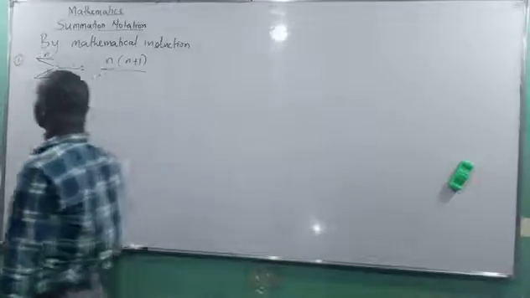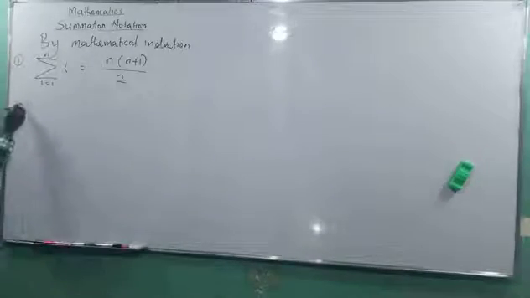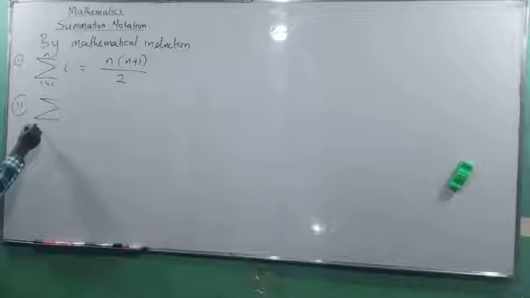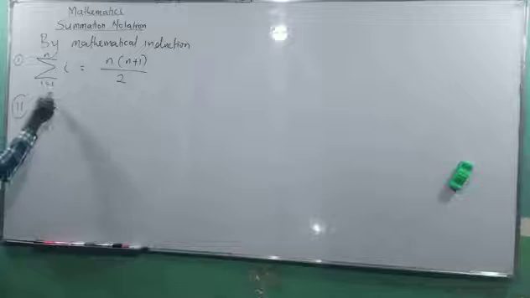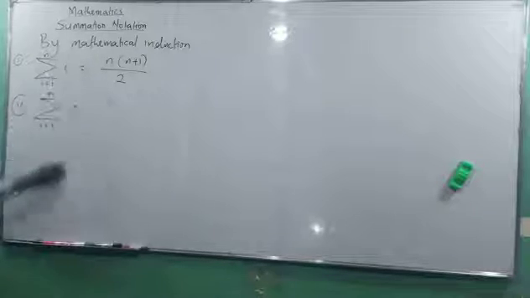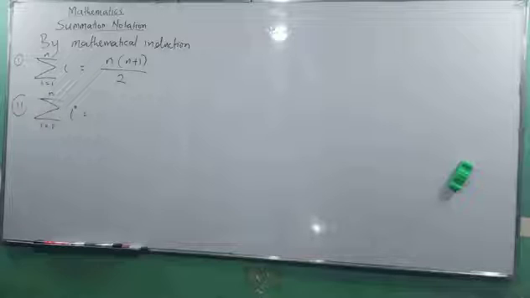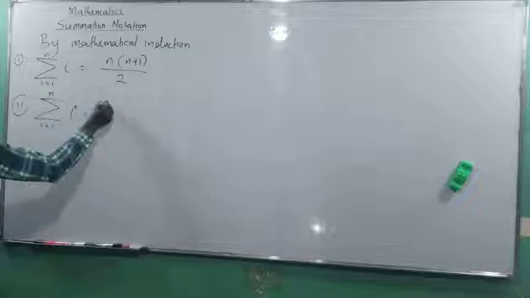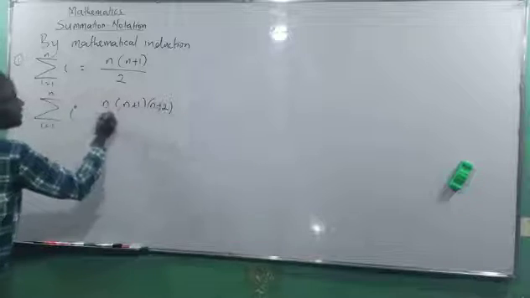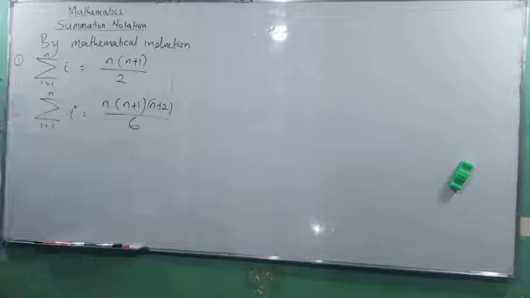Number two, the summation from 1 to n of i squared, this one is normal i, this one is i squared, by mathematical induction equals n times (n plus 1)(2n plus 1) divided by 6.